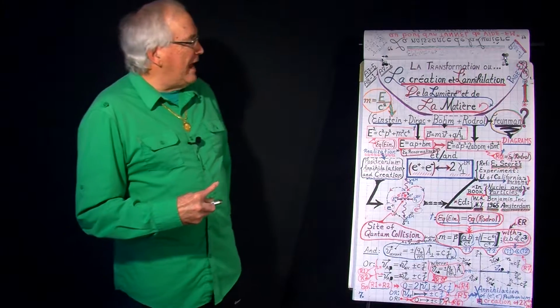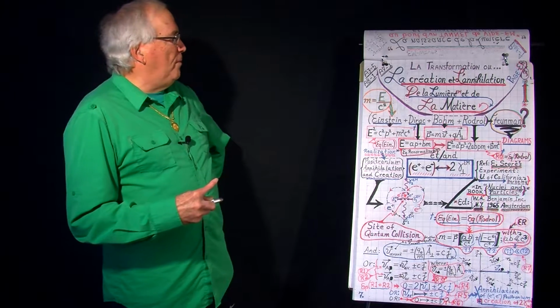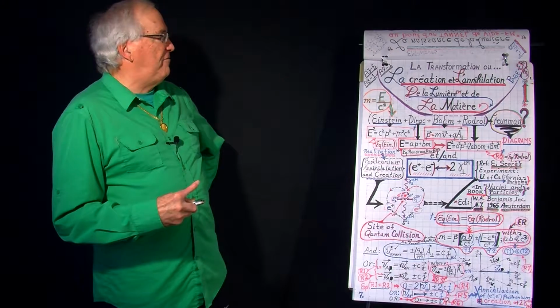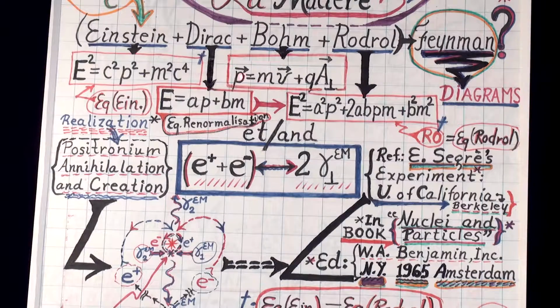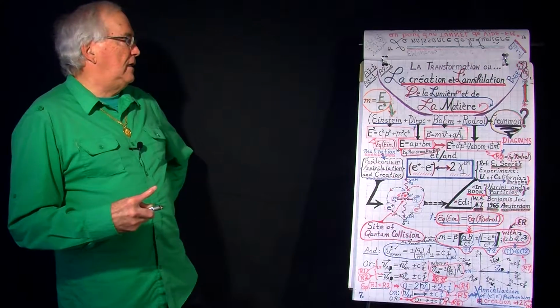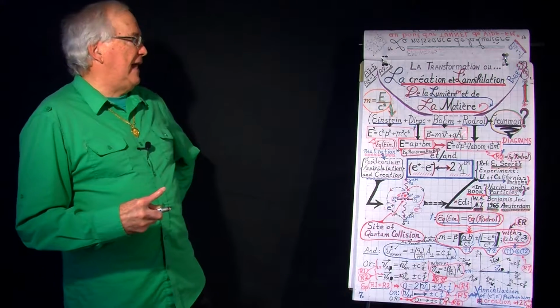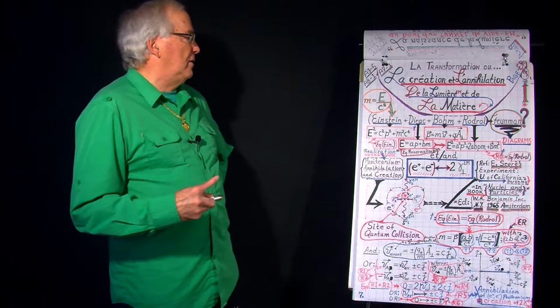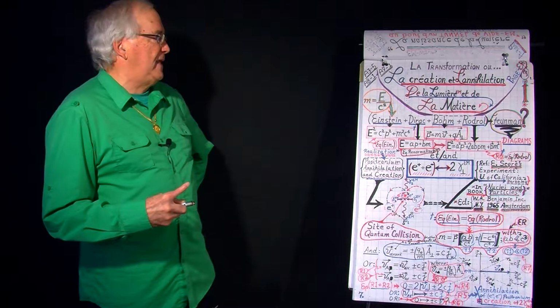Now, the momentum has been defined by David Bohm, a physicist, as the quantum momentum: the mass times the velocity, plus a factor which is the charge of the particle multiplied by what we call the vector potential, that is associated with the magnetic field.